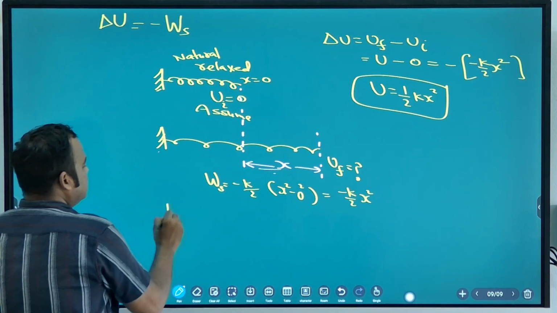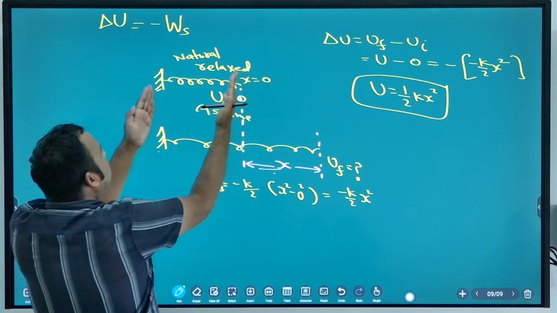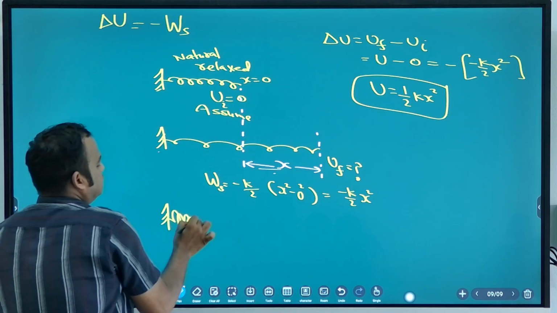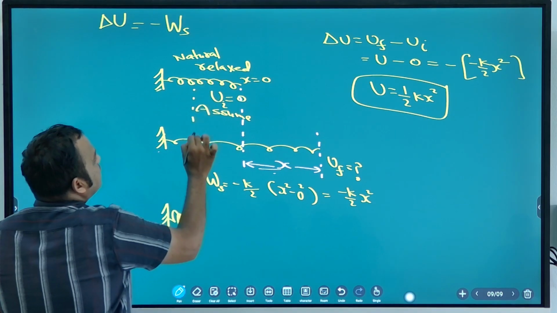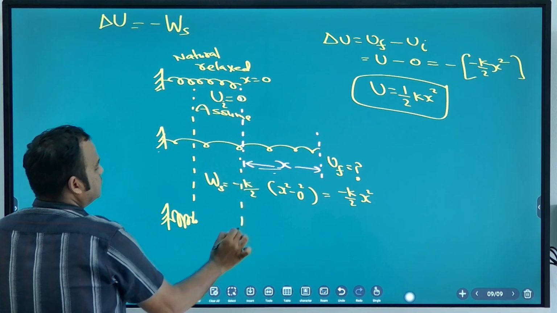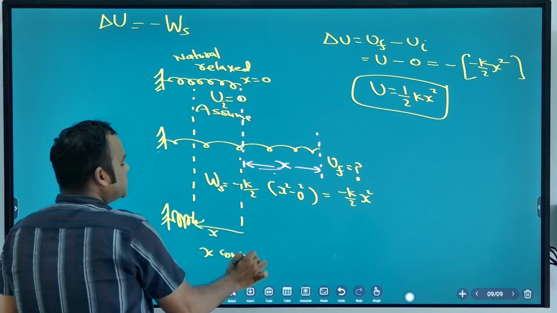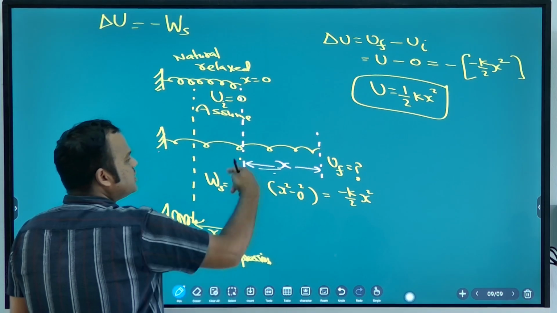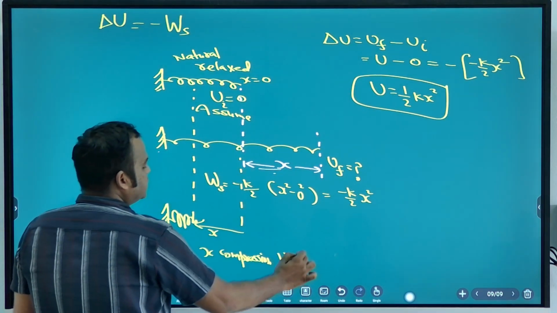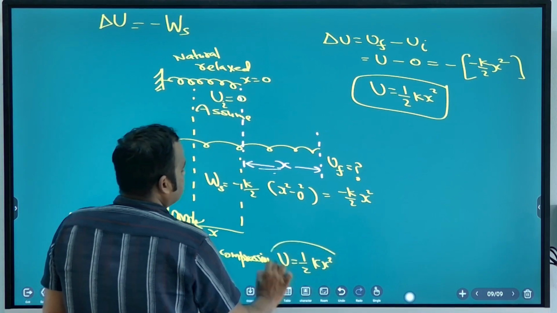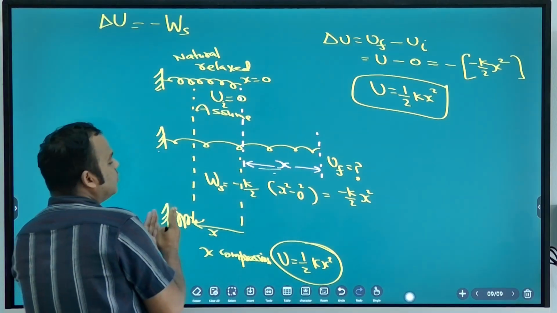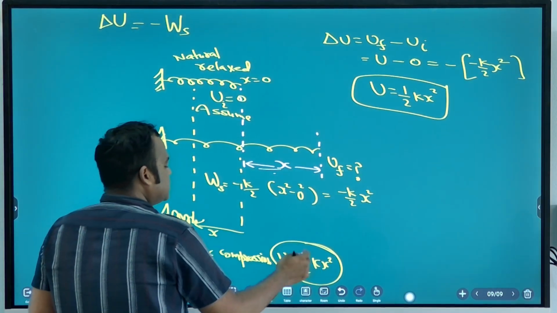Suppose the same spring you are compressing by x. Then again the same formula you will get: half k x square. So whether compression or elongation, the formula is the same.